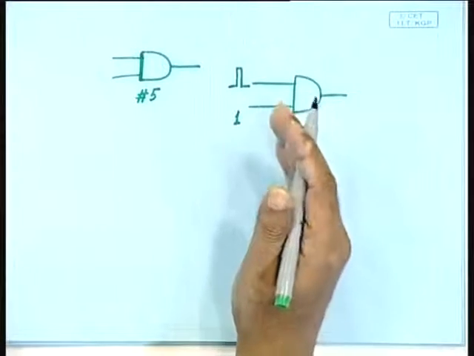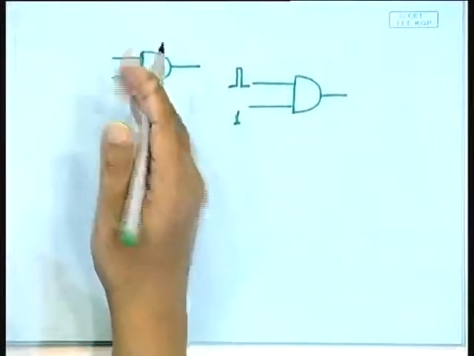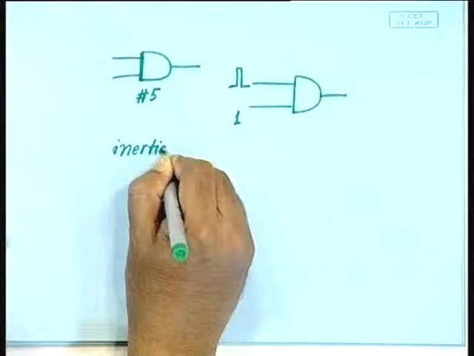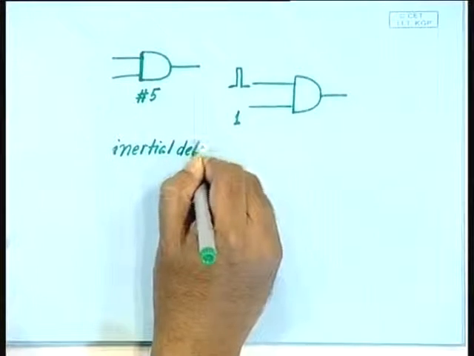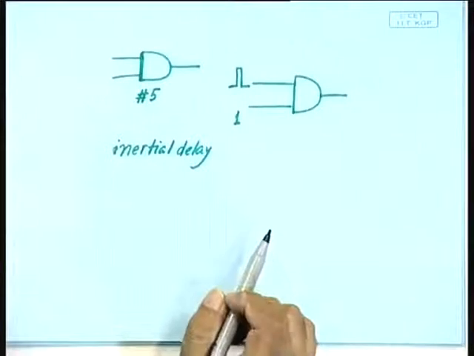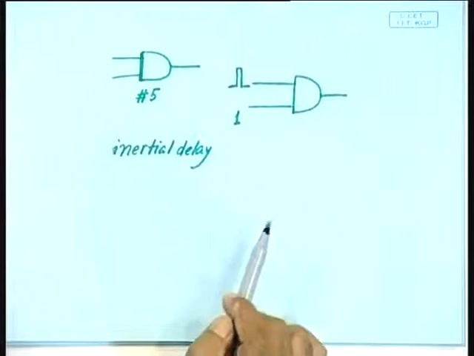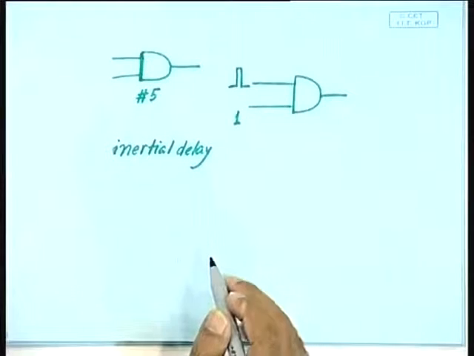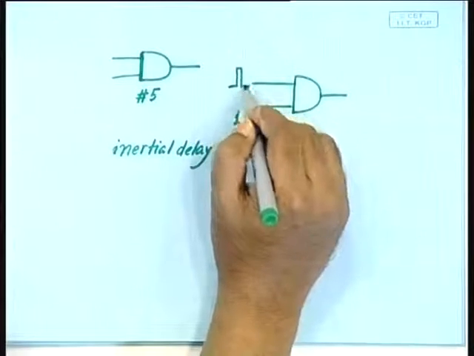You can think of this as what is known as inertial delay. Inertial delay means the gate has an inertia in responding to the inputs, and if you change the inputs within that period, then you will not see the output that you expect within that time. So this is that thing.